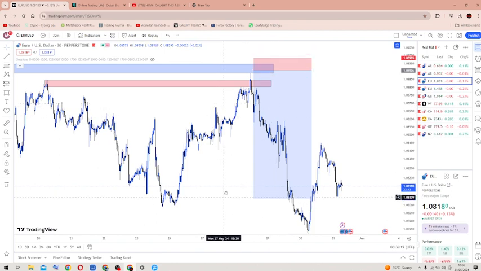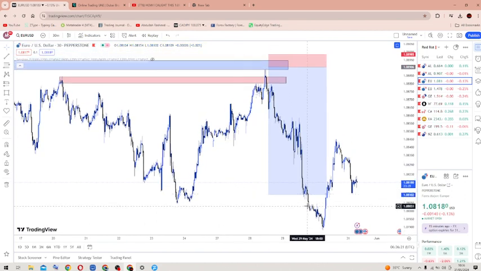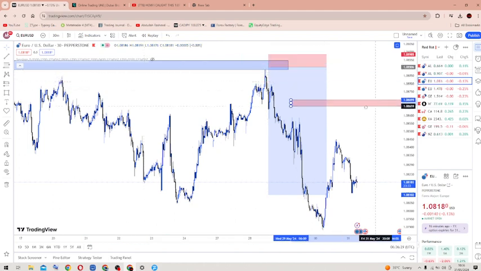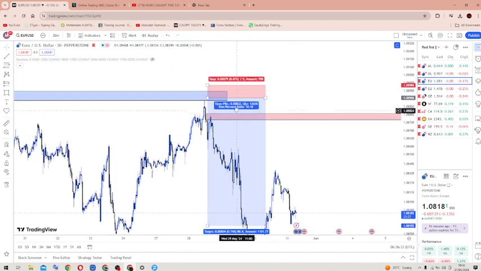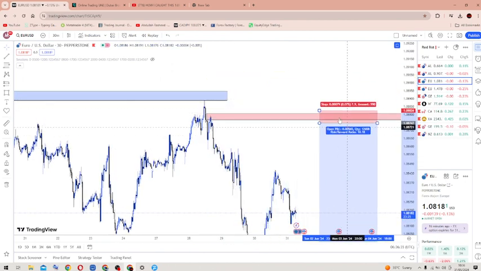So you see, it sold off into this zone all the way, and again it broke this structure. So what am I looking for again? I'm looking for something like this. So this is the zone which took out all these zones. So something is here.